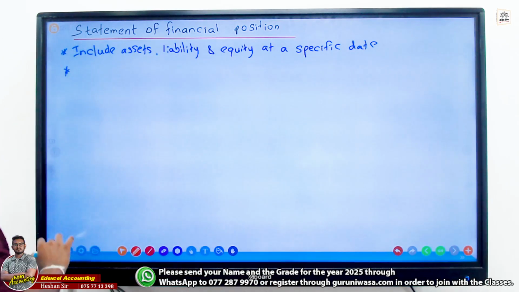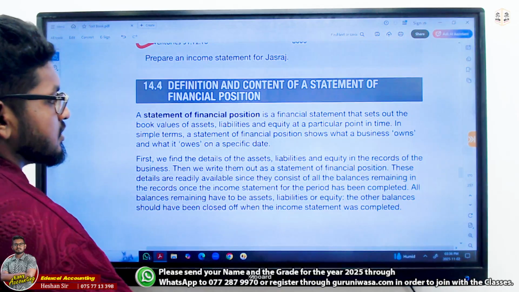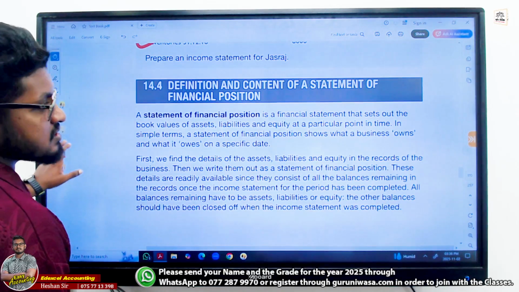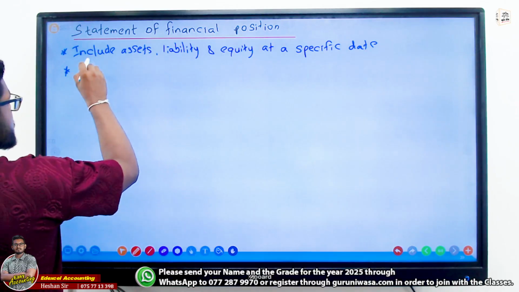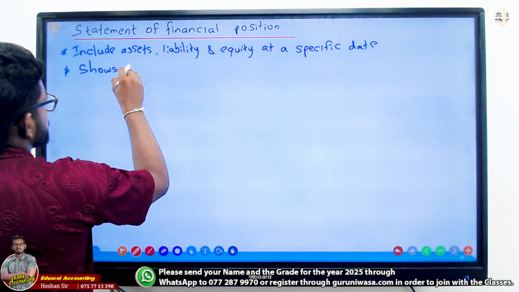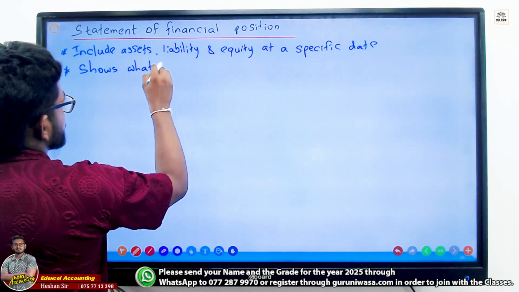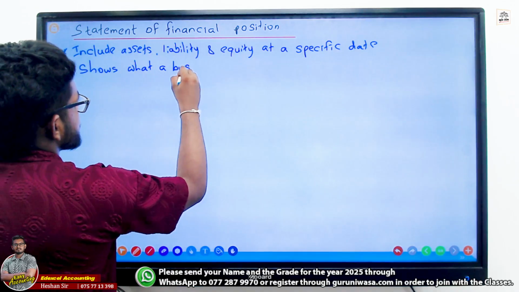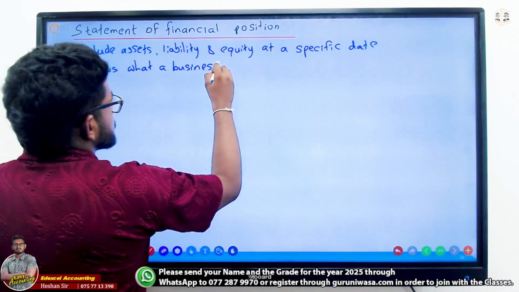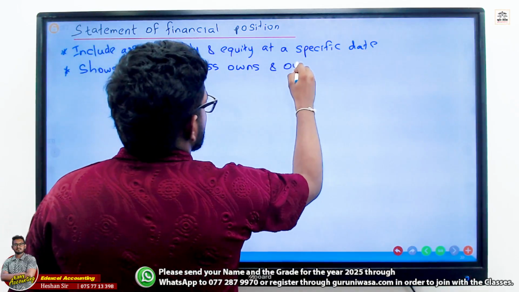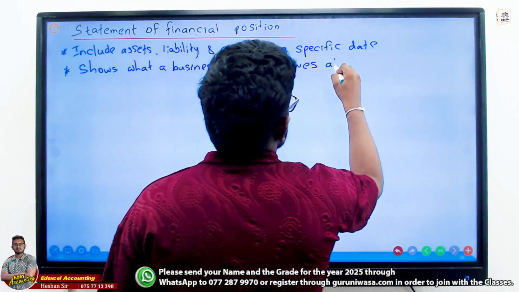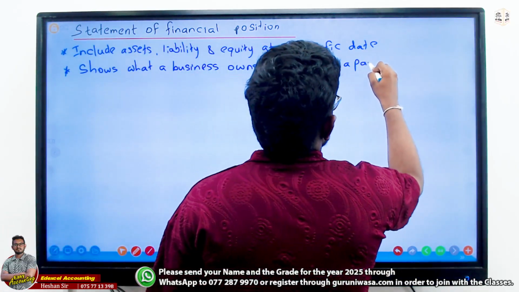And I told you this shows what a business owns and what is owed. Shows what a business owns and owes at a particular date.